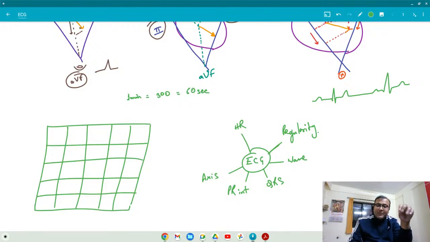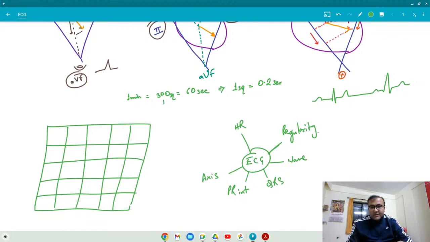So now comes the real question: one square will take how much time to cross? It should be 60 by 300, unitary method. 300 squares in 60 seconds, so one square is 60 by 300. So it's supposed to be 1 by 5, so it's supposed to be 0.2 second.